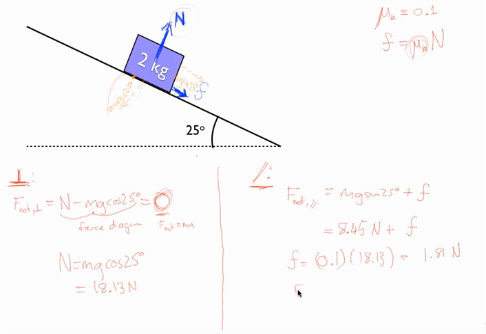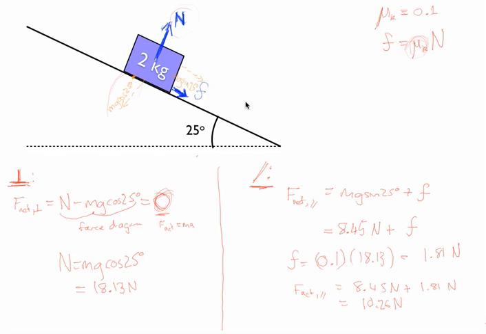So the net force in the parallel direction is 8.45 newtons plus the 1.81 newtons we have from friction, giving us a grand total of 10.26 newtons.